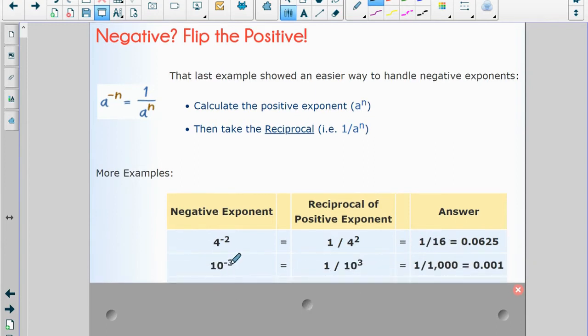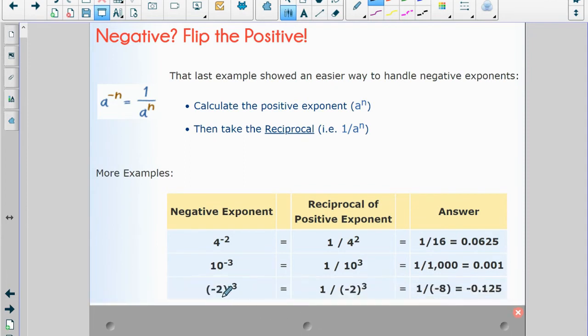If we have 10 to the negative third power, we have a base of 10, so we want to think of this as dividing by 10 3 times. So that's going to give us 10 to the third power in the denominator, because that's like dividing by 10 repeatedly. It goes in the denominator, so it's 1 over 1,000. Now, negative 2 to the negative third power, be careful with this.